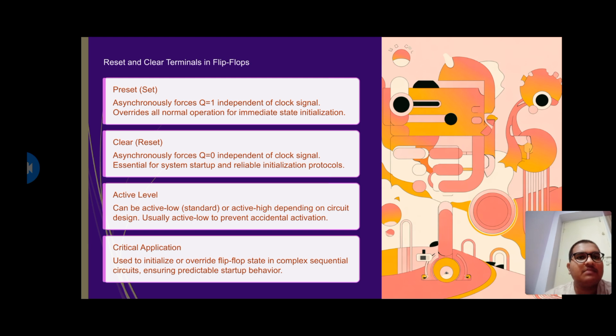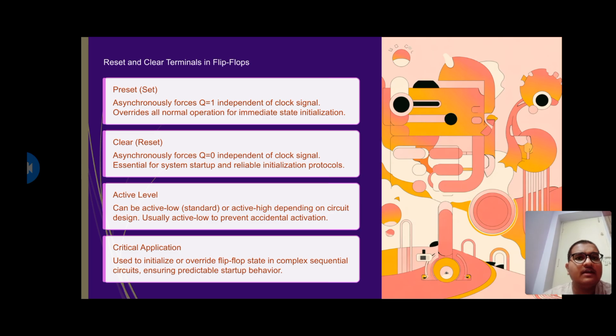Active level can be active low or active high standards, depending on circuit design. Usually active low is used to prevent accidental activation. Active high or active low is used to check the standards. Generally we use active low for our circuit design.